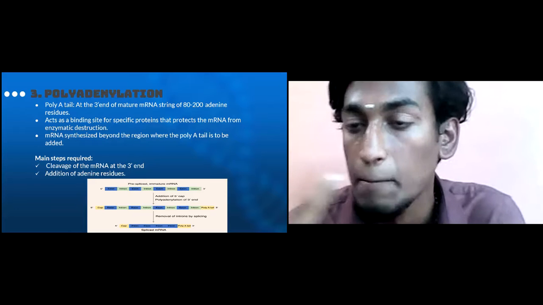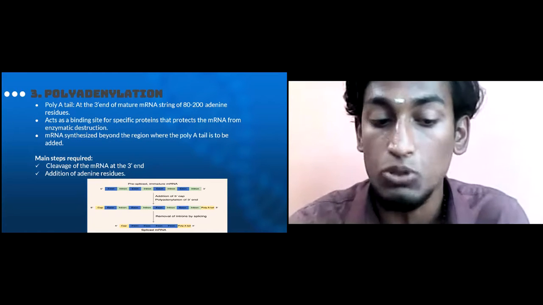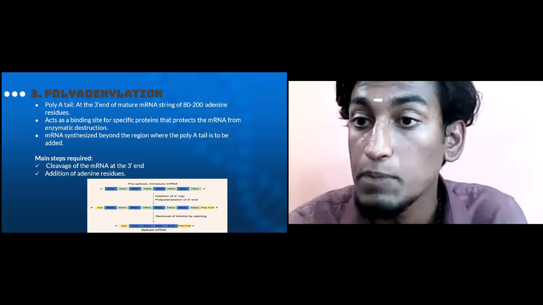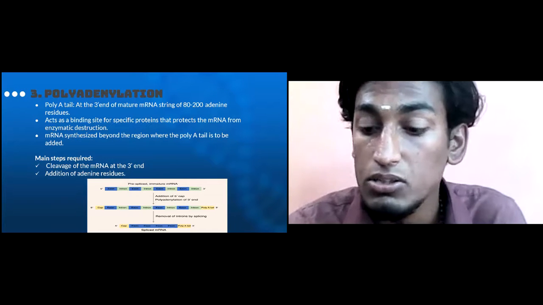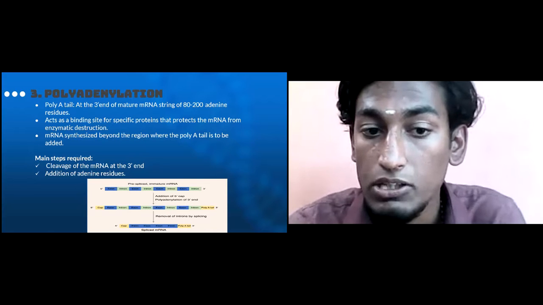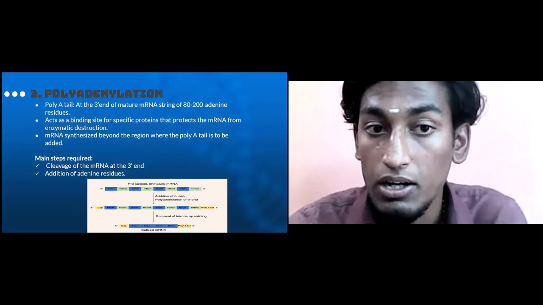It does not allow various other enzymes to degrade it, and this poly-A tail also enhances the ribosome's attachment to the mRNA. These are the main steps involved in polyadenylation: the cleavage of mRNA at the 3' end and addition of adenine residues.